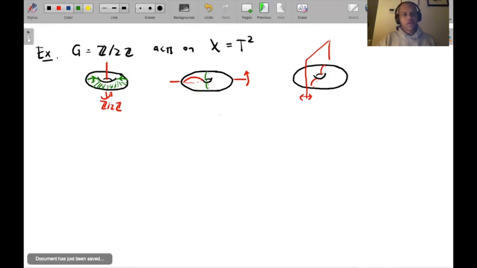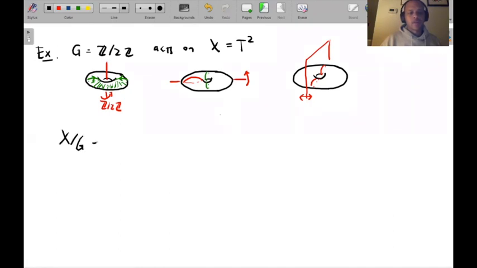So this green curve on the boundary is identified with this other one over here. So this, I guess now I'm drawing it in yellow. These 2 curves are identified. That's really hard to see. But what we get from that is the torus. So here, X mod G is the torus. So we take those 2 green curves and then we join them back together and we have something like a smaller torus. Okay, so that's what happens in this case.